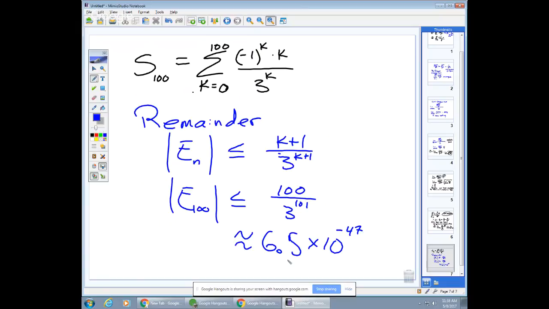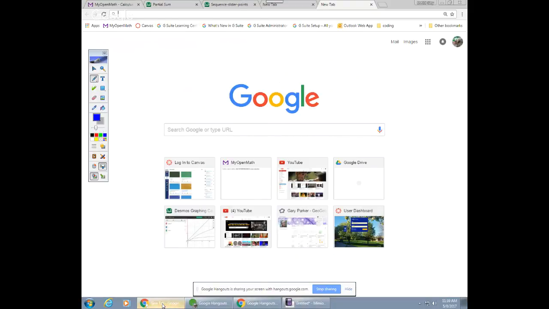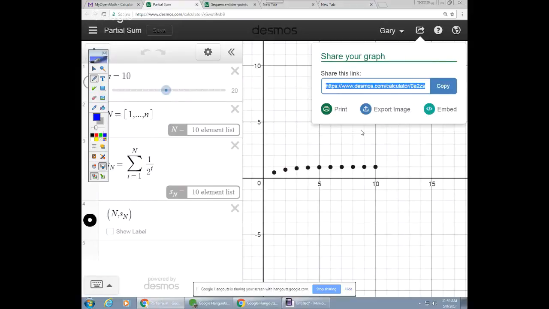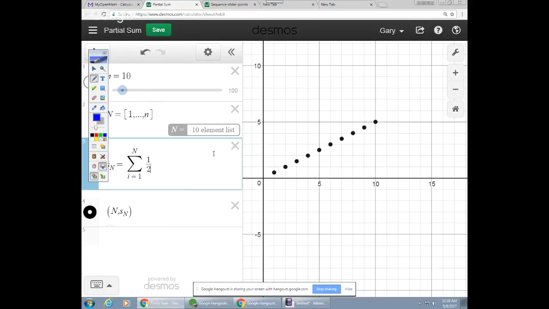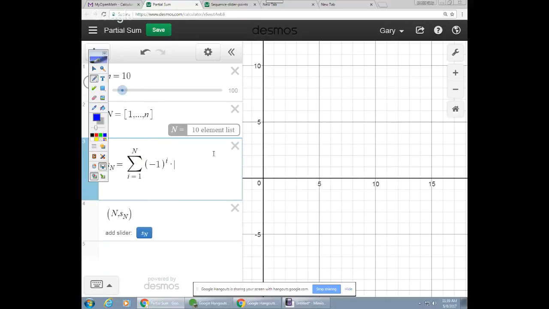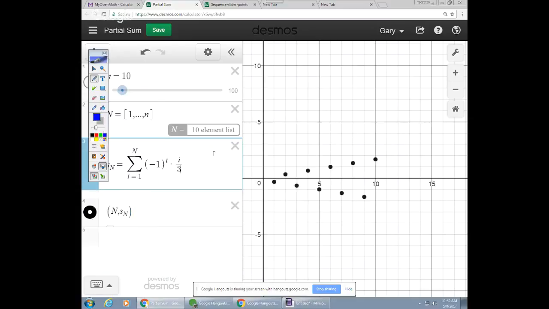Wow. So because of the geometric portion, because this is partly a geometric series, we just have a multiple of k in the top. All right, so let's see. I'm going to see if I can come up with a number to go with that. So partial sums. Let's go up to, what did I say, 100. And we are going to try (-1) raised to the i times i divided by 3 to the i.